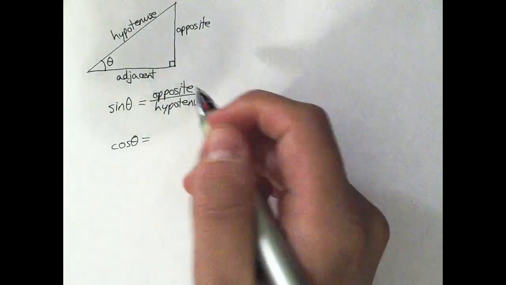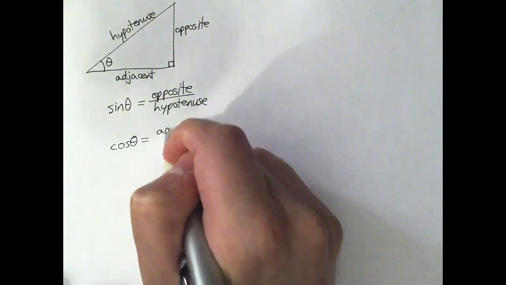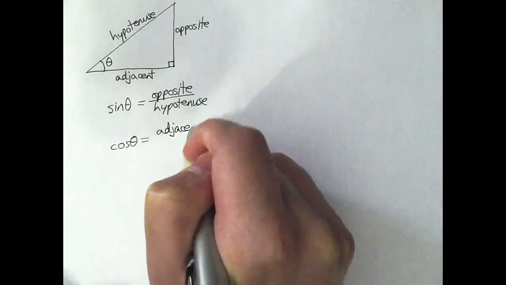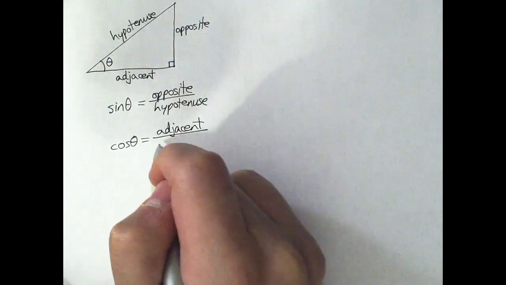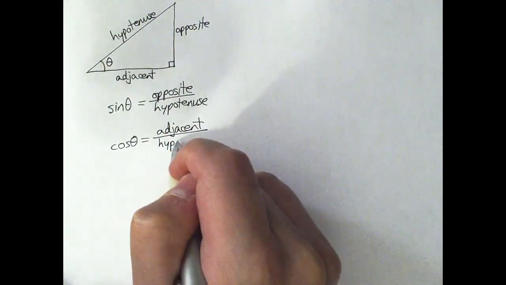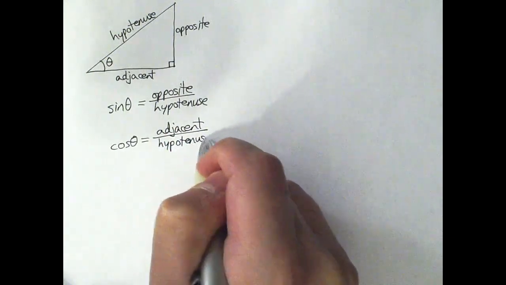So cosine of theta is going to equal the adjacent side. Do we say divided by r? Well, we could say divided by r, but we prefer to say divided by the hypotenuse, because then we're getting it in terms of these three side lengths.